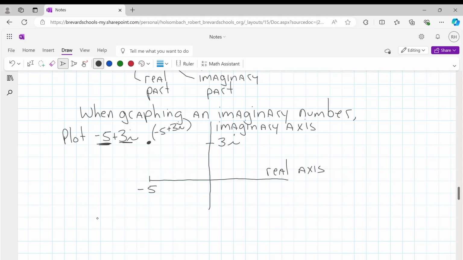And then if you're asked to find the absolute value, well, the absolute value of -5 plus 3i is equal to the square root of -5 squared plus the imaginary portion, 3 squared.